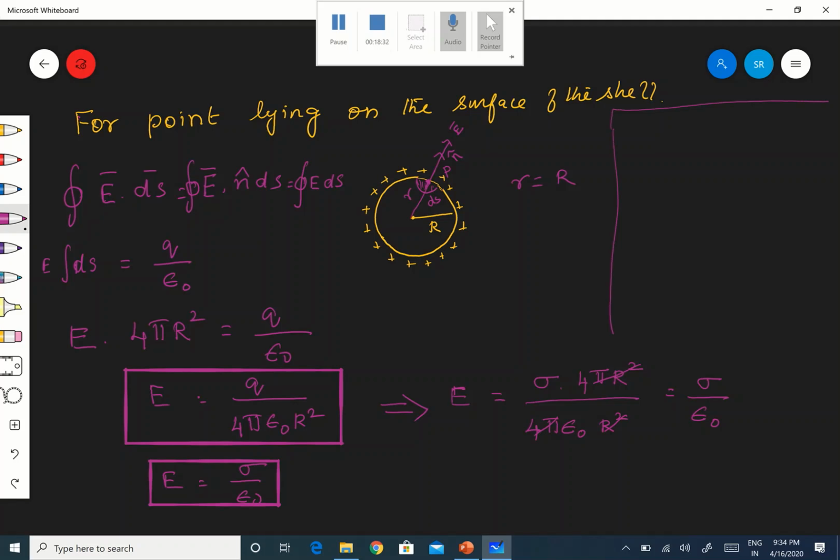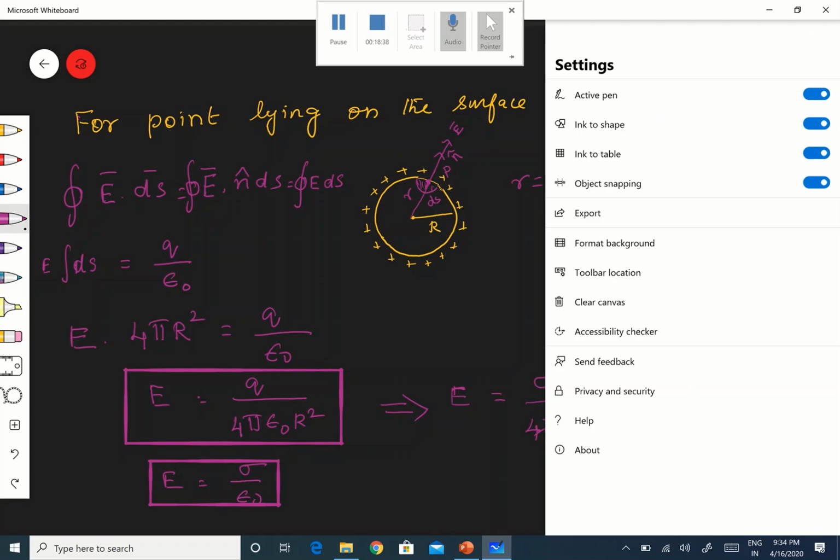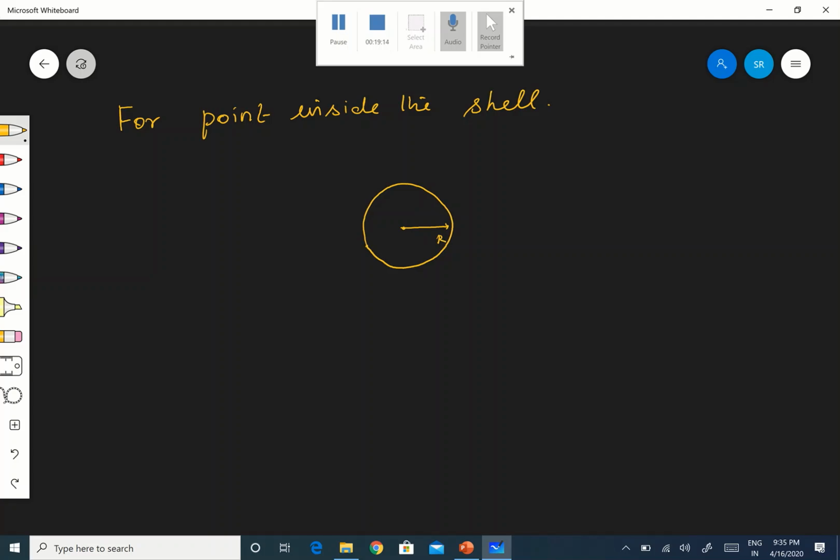Now for points inside the shell. Let me have the shell, this is capital R. My point of interest is here, inside.